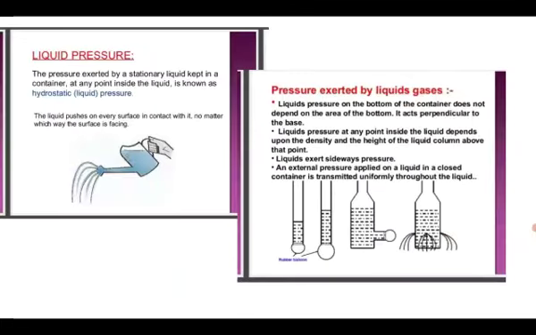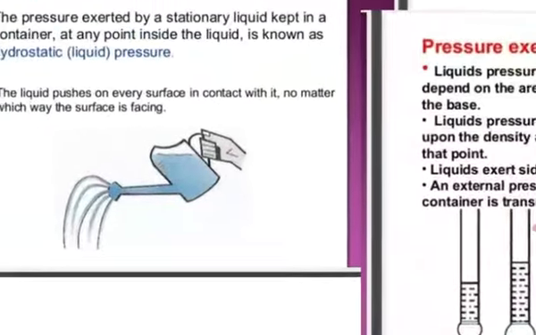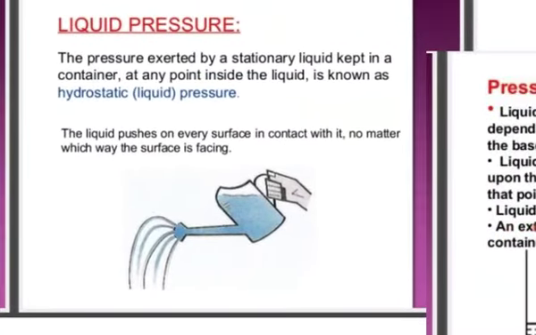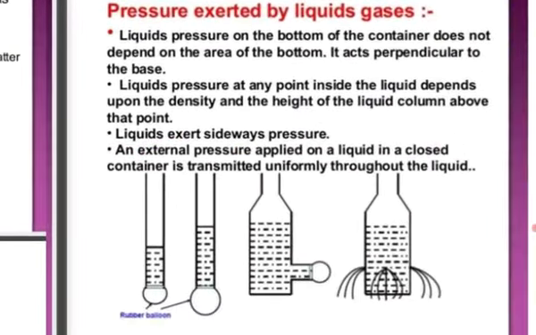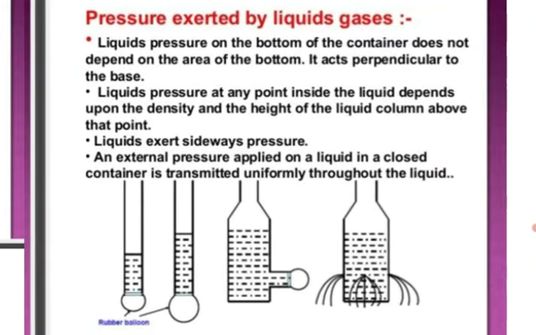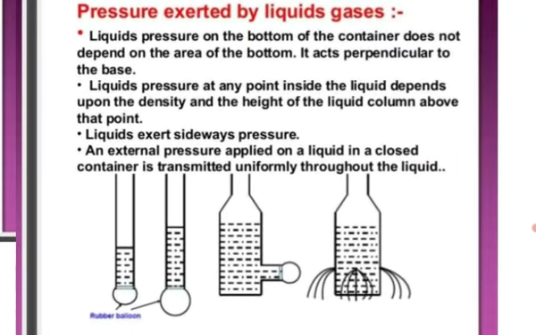Next example of pressure: liquid pressure. The pressure exerted by a stationary liquid kept in a container at any point inside the liquid is known as hydrostatic pressure or liquid pressure. You can see through this diagram. Pressure exerted by liquids and gases. Liquid's pressure on the bottom of the container does not depend on the area of the bottom.